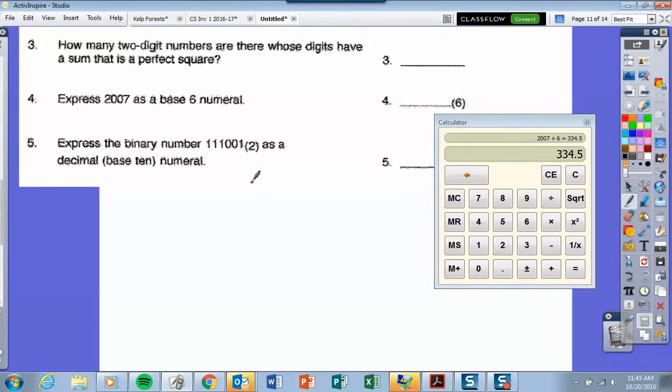So I've got 2007, we're dividing by 6, okay, I'm left with 334. I have some remainders here, we're going to have a lot of remainders actually.